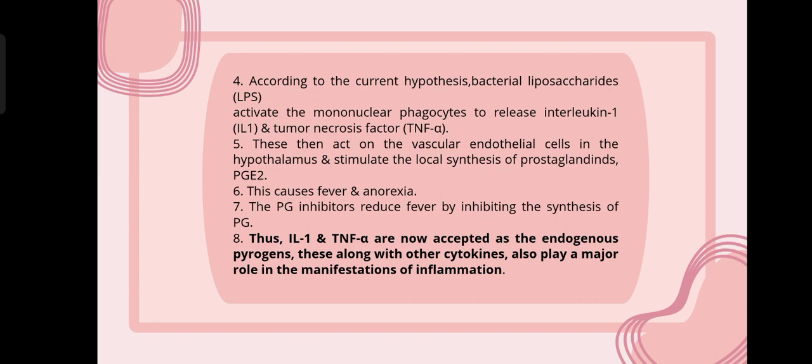Phagocytosis is a type of defense mechanism carried out by the mononuclear phagocytes. This phagocyte gets activated in the presence of the foreign lipopolysaccharides present in the bacterial cell wall.